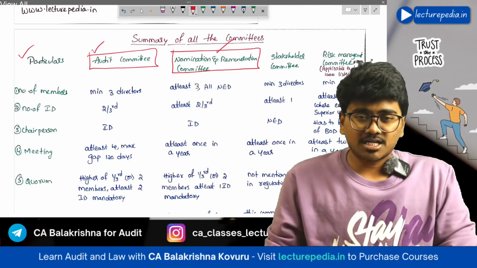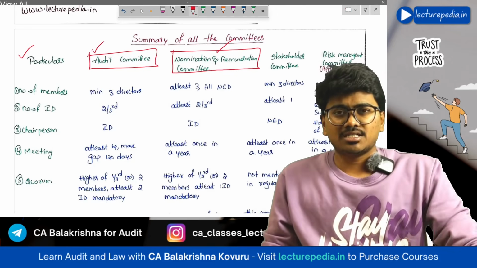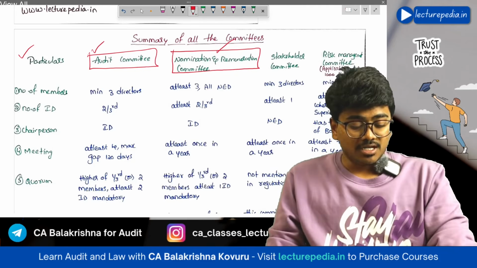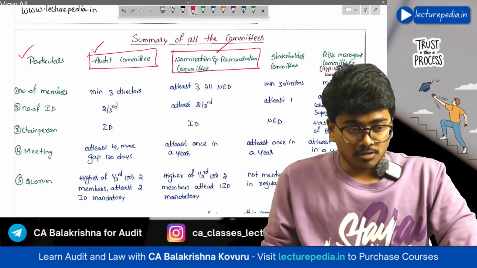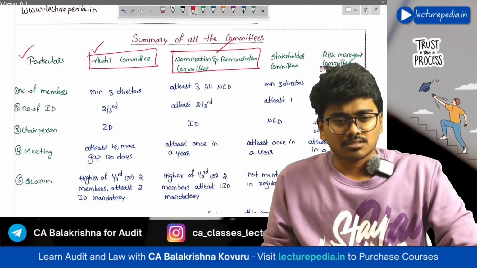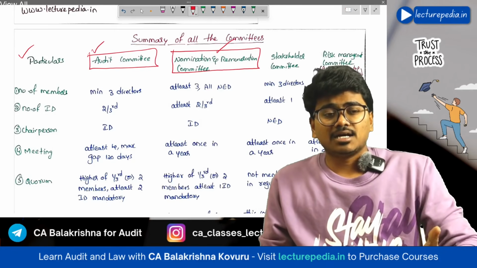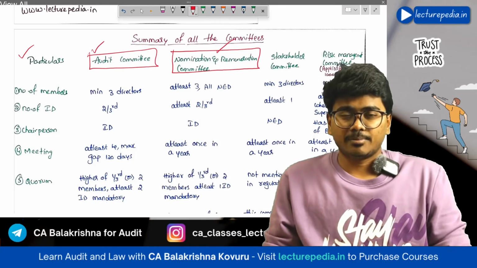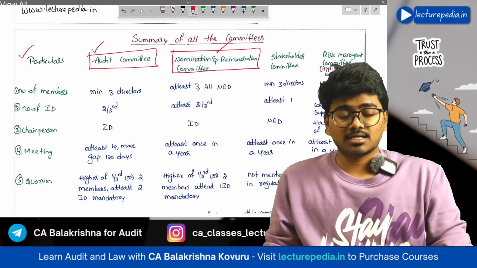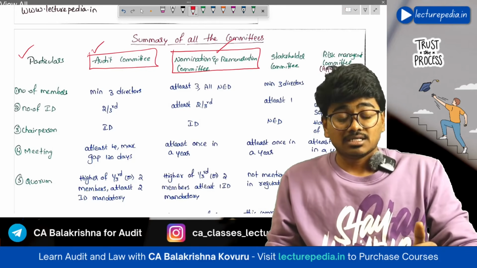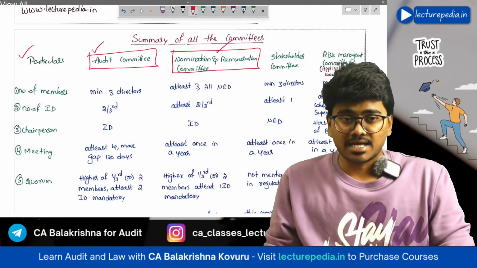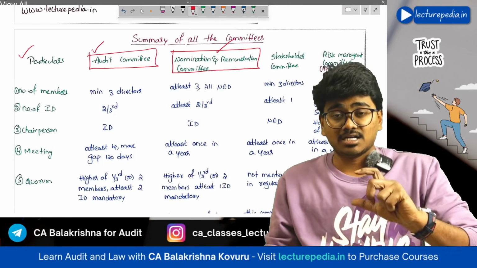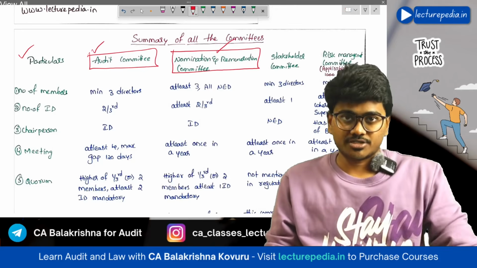And the nomination and remuneration committee. Basically, the nomination and remuneration committee will recommend the persons who have to be appointed as directors, and it will also recommend the salary that has to be paid to the directors and the top level people. That is the work of the nomination and remuneration committee.